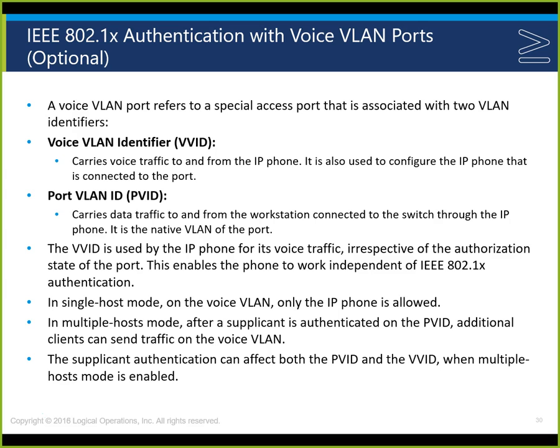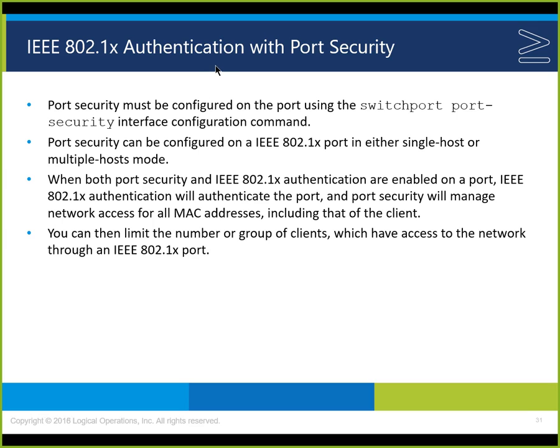Multiple host mode, the port VLAN ID, additional clients can send and receive traffic on the voice VLAN. And then the supplicant authentication can affect both of these when multiple host mode is available on it.